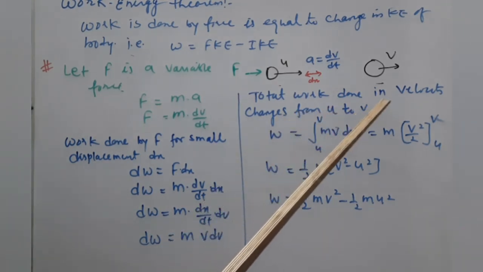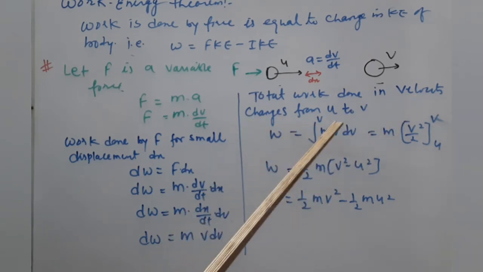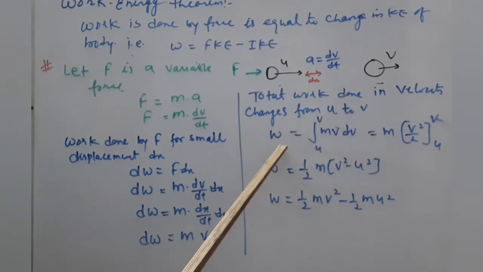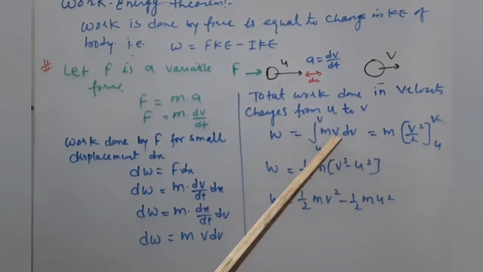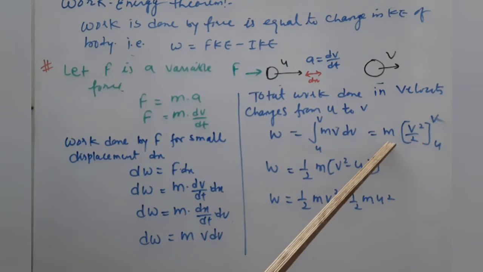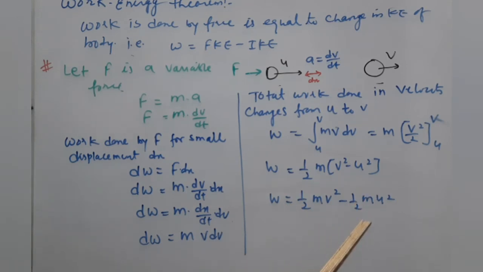Now total work done in velocity change from u to v, then W is the integral from u to v of mv dv. Take m out and integrate v, which gives v square upon 2. On solving we find W is equal to 1 by 2 m (v square minus u square). So again you can realize work done is equal to change in kinetic energy.